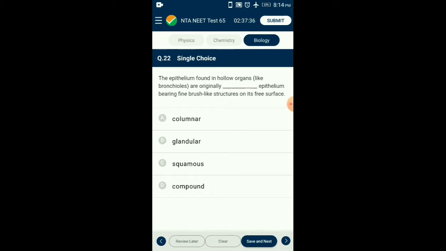Their function is to move particles or mucus in a specific direction over the epithelium. They are mainly present in the inner surface of hollow organs like bronchioles and fallopian tube. So the answer for this question is option A, columnar epithelium bearing fine hair-like structures on its free surface.